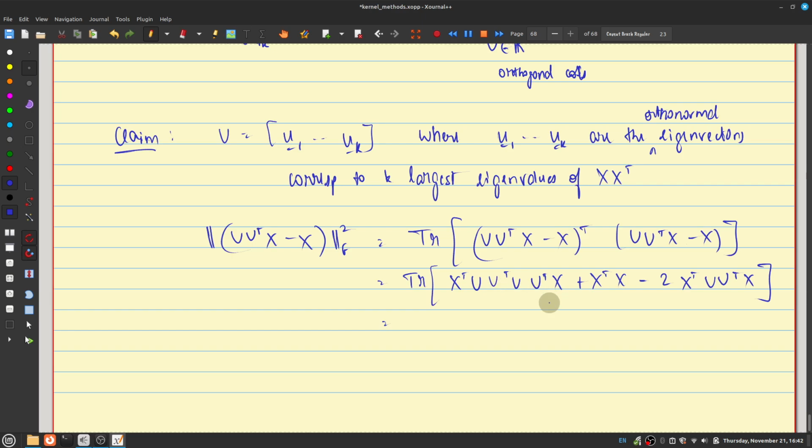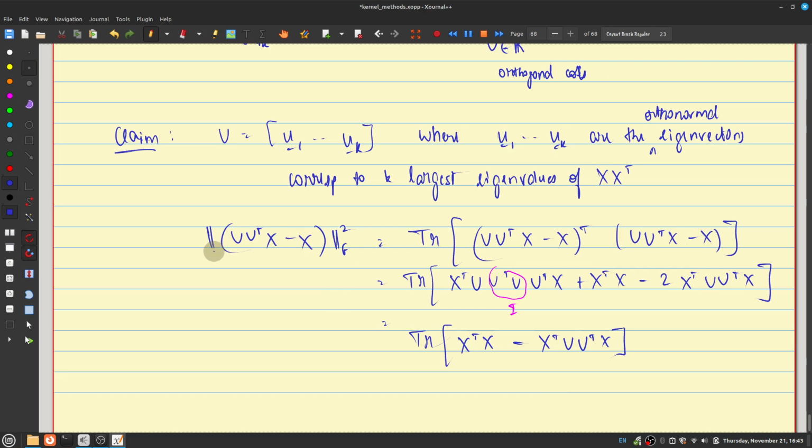The identity, because it has orthonormal columns. So this U transpose U is an identity matrix. So I have X transpose U transpose X minus 2 times X transpose U transpose X. This is just the trace of X transpose X minus X transpose U transpose X, right?